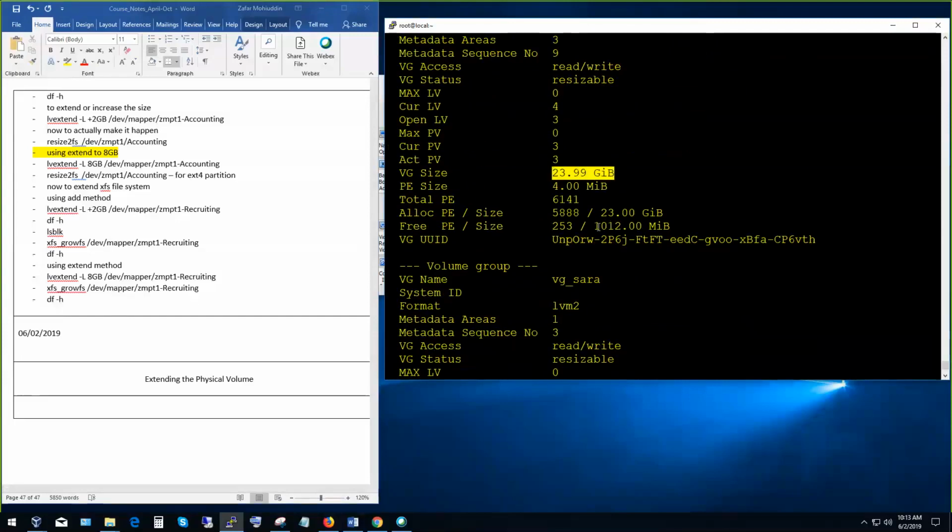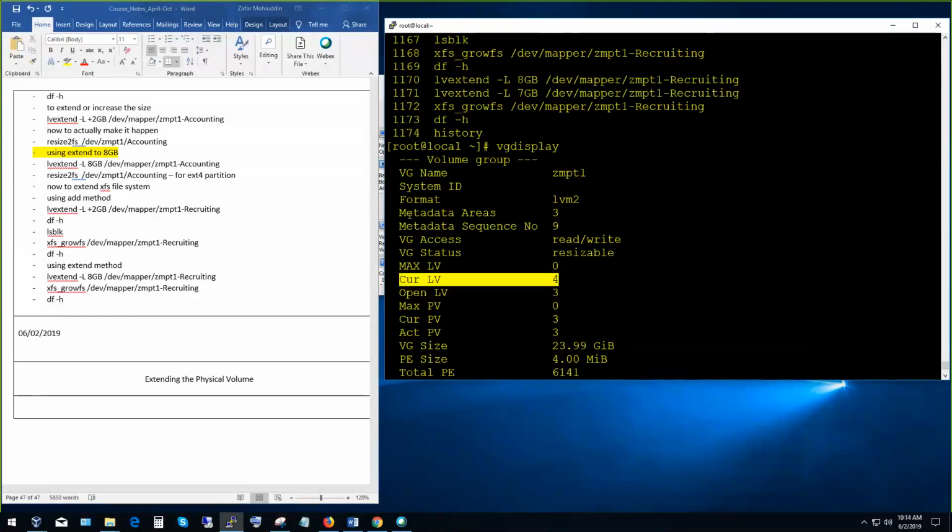We have about 1 GB of space left here, but that's not enough for us. And then we have 3 physical volumes. Yeah, this is a current and active 3 physical volumes here, but it's not enough space.